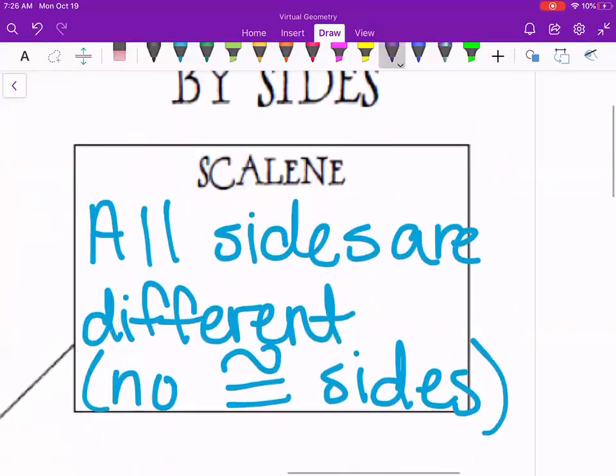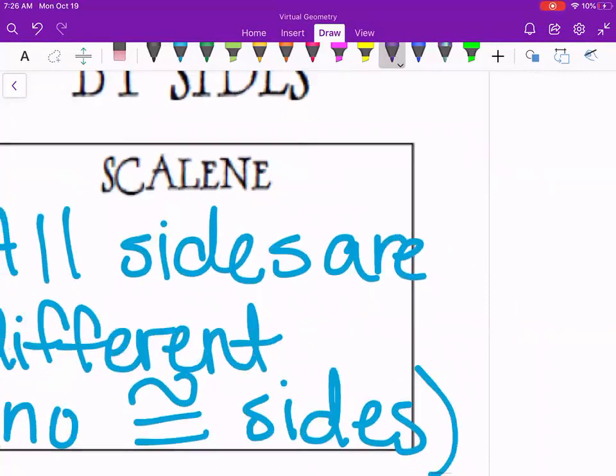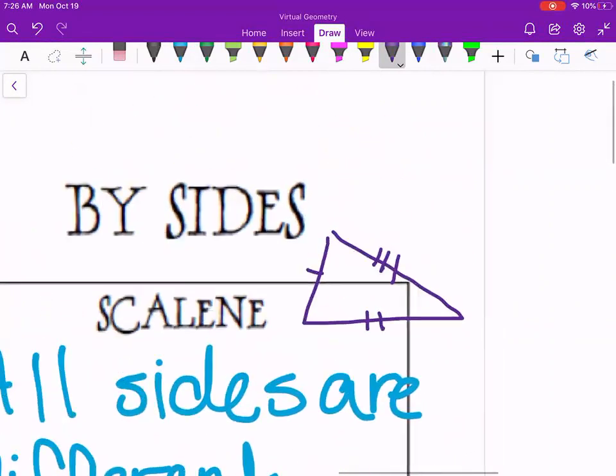And then we've got scalene. Again, that could be a triangle with no sides the same length. So we could have a different number of dashes on each side, or there may not be any markings at all. So that's just a little side note.